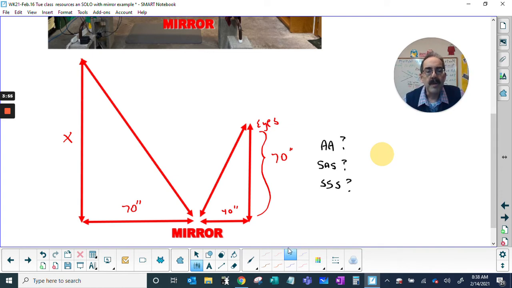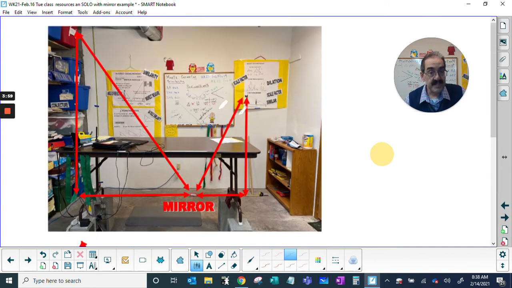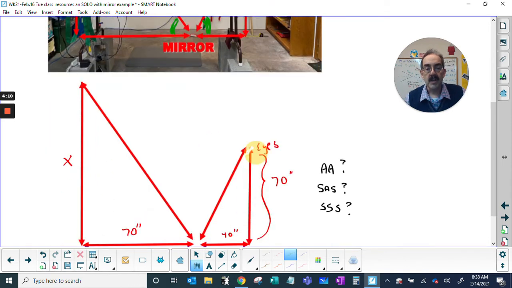I want you, hopefully, as you did this type of practice right here, this angle and this angle, did you notice the closer you went, the steeper the angle? The further out you go, the more shallow the angle?